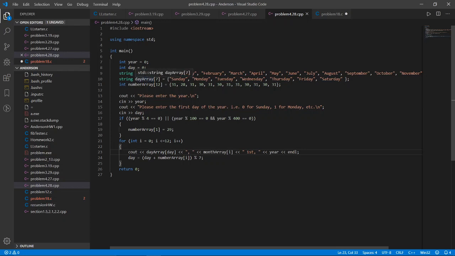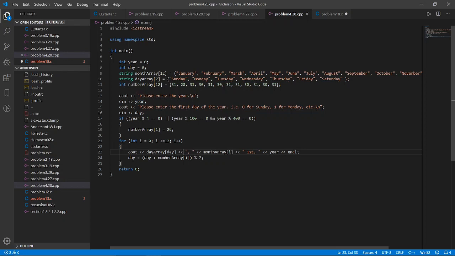And then I had a day array, which is Sunday through Saturday. And then I found that the easiest way to keep up with the days in the month, so we could figure out what day the first day would be on, was to make another array, and included 31 days for January, 28 for February, 31 for March, so on and so forth.